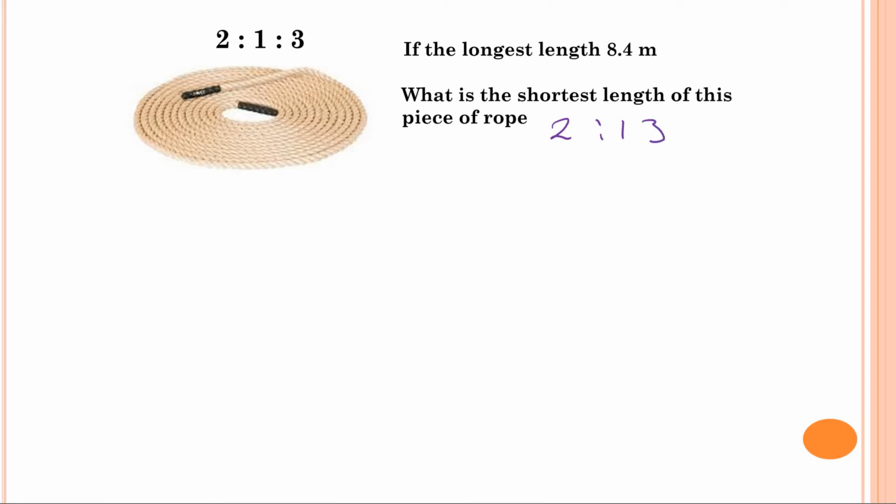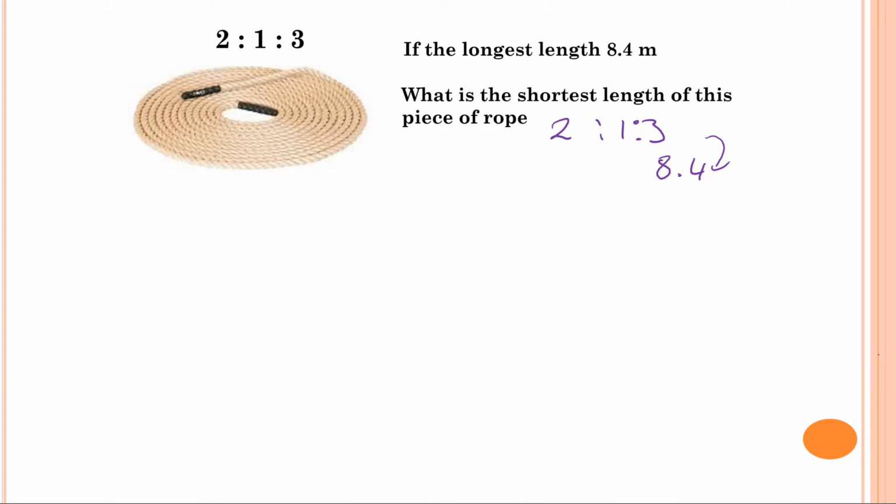So in the ratio of this, now I know the longest length is 8.4 meters. So the largest ratio, which is 3, is 8.4 meters. See, this is the largest. So to work out from 3 to 8.4, I just go 8.4 divided by 3, which is 2.8.